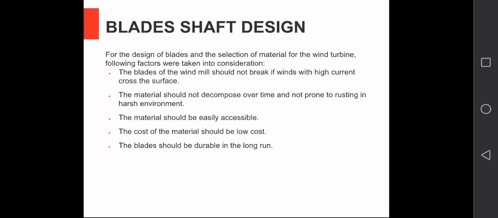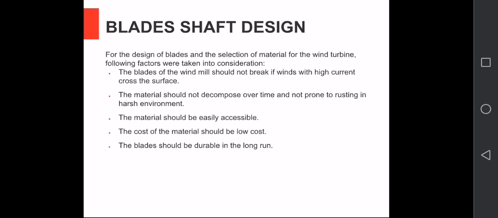The first is the blade shaft design. If you want to design the blade, you have to take some factors into consideration, and select a suitable material that is going to be the supporting hand of your wind turbine or your rotor.